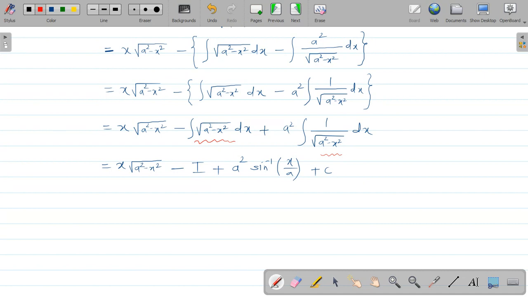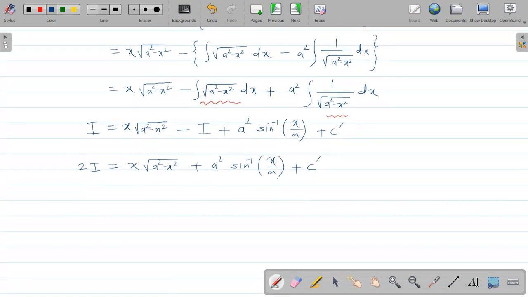Now what about this minus I? You transfer this minus I to the left hand side. Left hand side contains I here. So now I plus I, you will get 2I is equal to x into root of a square minus x square plus a square into sine inverse of x upon a, plus here we have to consider the constant as c dash here also, for further adjustment. Now to get the answer of I, we have to divide both sides by 2.